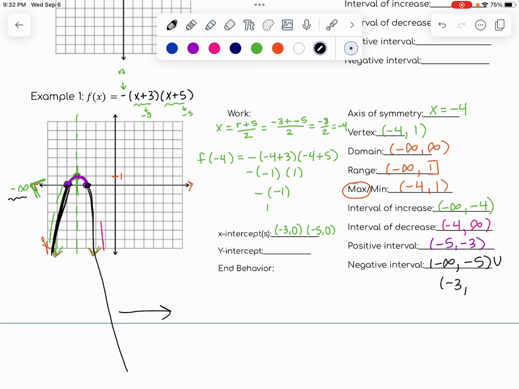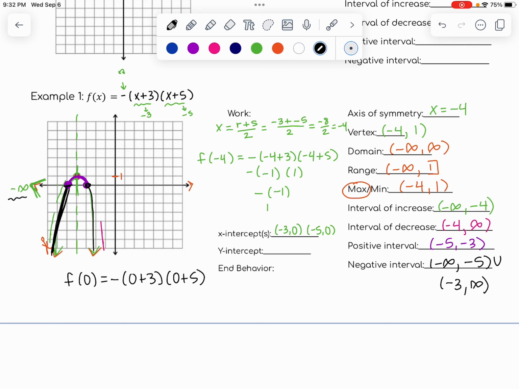All right, last two. I need to find the y-intercept. Well, the y-intercept is not one of the points that we happen to graph already, so in order to find it, I'm going to need to do it by solving the equation. To find the y-intercept, we just plug in 0 for x. So I'm going to plug in 0 plus 3, 0 plus 5.